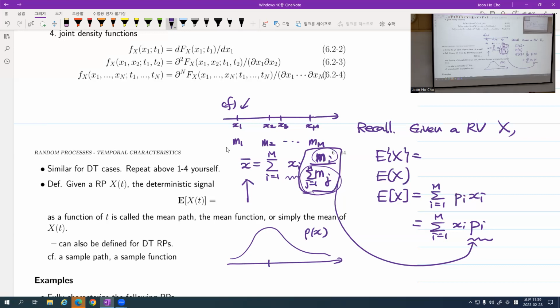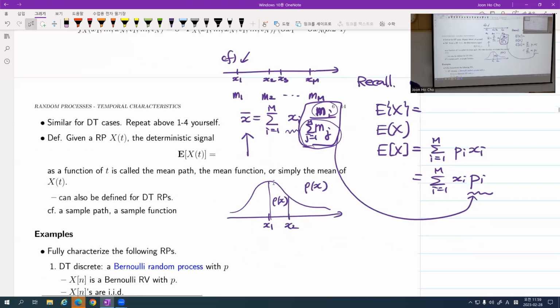So, for example, from x1 to x2, the total mass on this interval is computed as what? Computed as the integration of this density from x1 to x2, right? And now, if you extend this idea of the center of mass to distributed mass, what do you have?